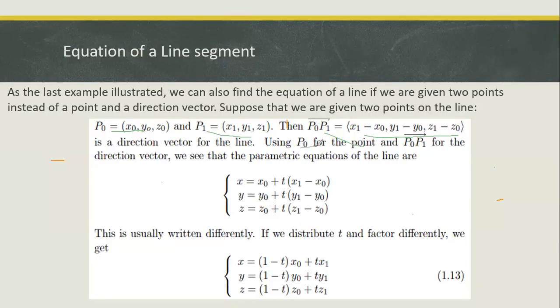So in using P naught for the point and using the direction vector of P naught P1, we see that the parametric equations of the line are as follows.